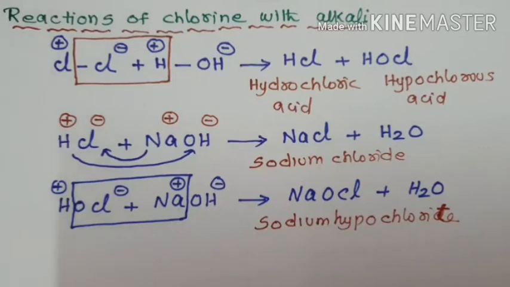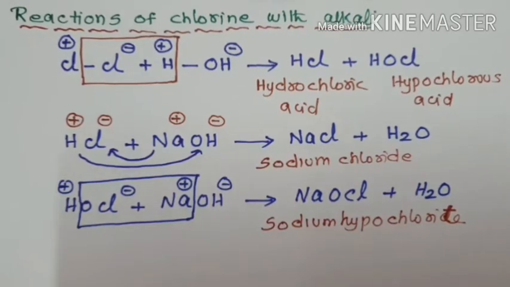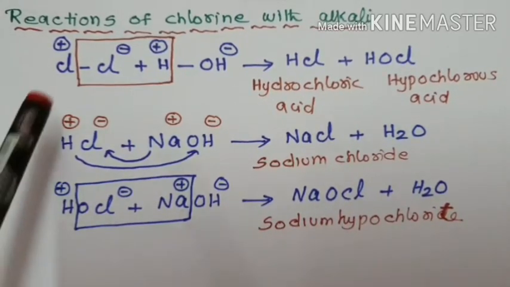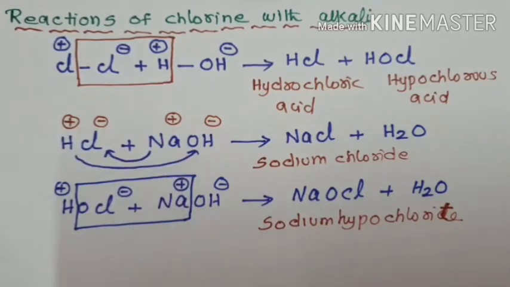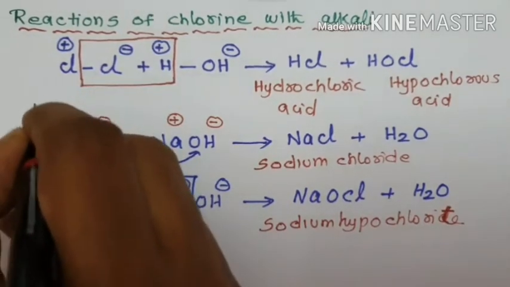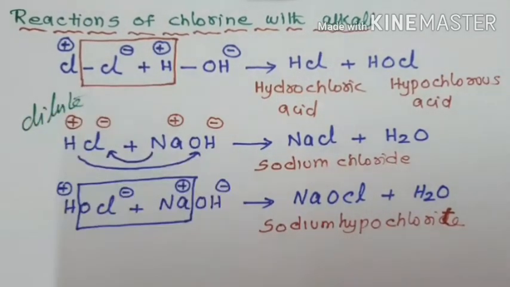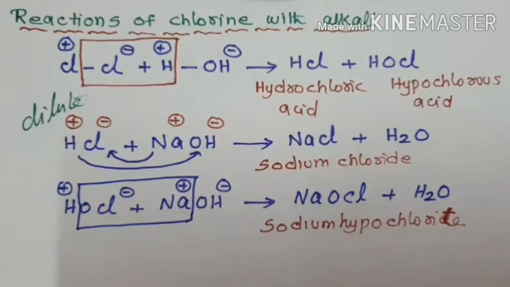So generally, the final conclusion is that chlorine when treated with dilute alkali forms sodium chloride and sodium hypochlorite. Now we are going to see how chlorine undergoes reaction with concentrated alkali.